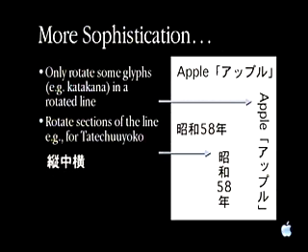There are some more sophisticated examples, like the tate-chu yoko example here. To achieve this effect, and this is a little bit more complex, since rotation has to be done on a line basis, what you have to do is tell ATSUI that each of the segments that you're going to separately rotate is a separate line. And so you could set a soft line break into the line before and after the 58.